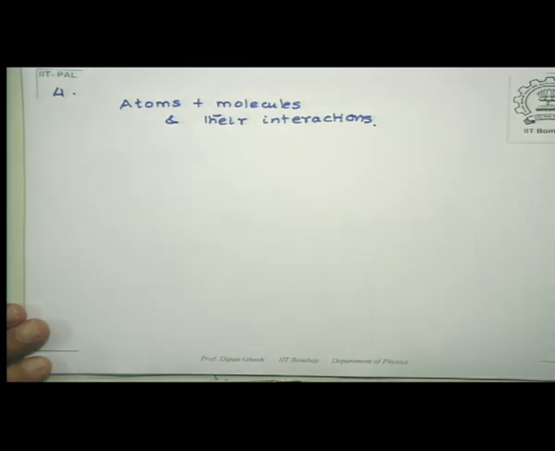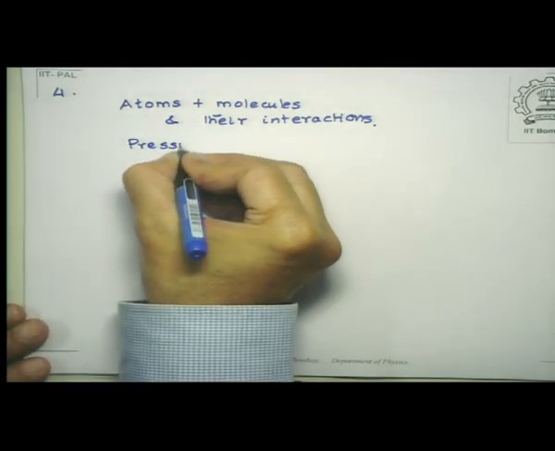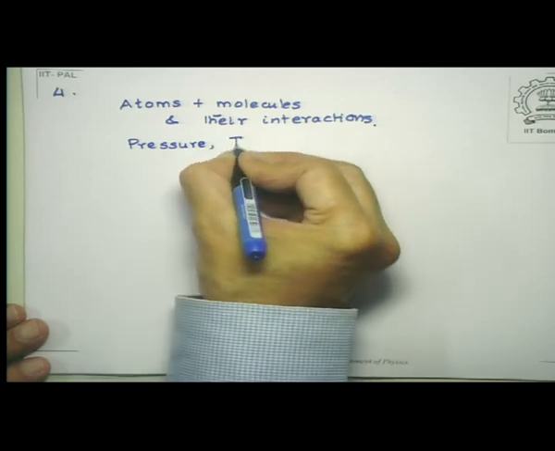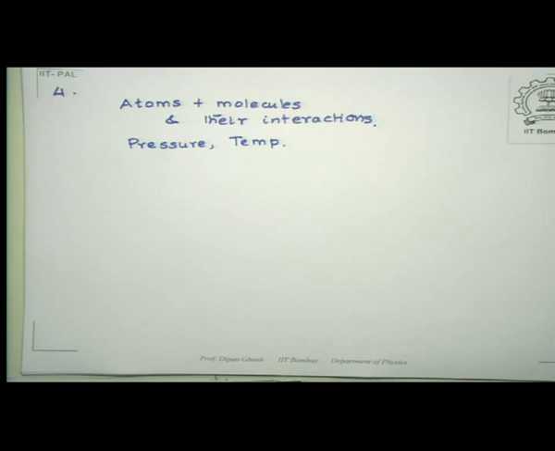Ability to conduct also depends upon physical condition of the material, for example, pressure, temperature, etc. We will be talking about one or two of these things later, but this is roughly what happens.